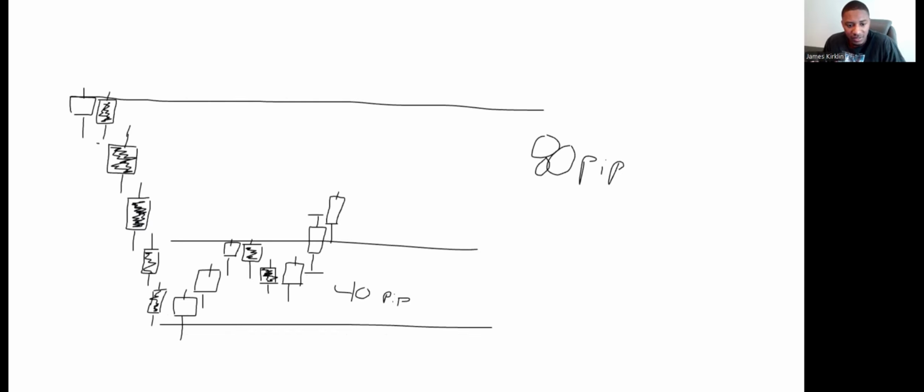This candle closes. The next candle opens up, comes down, boom. Now we're in profit about 50 pips, right? So at the least, I need to take this stop loss from here at least to break even.